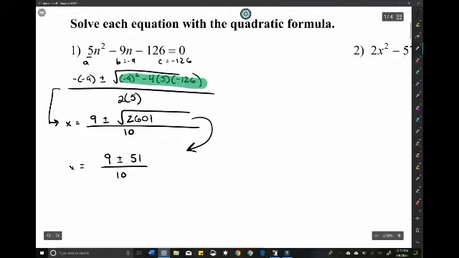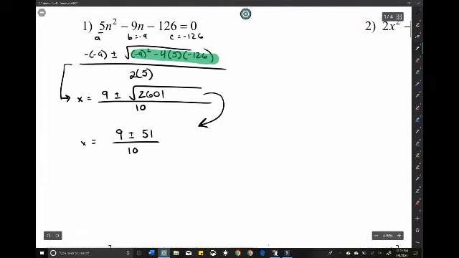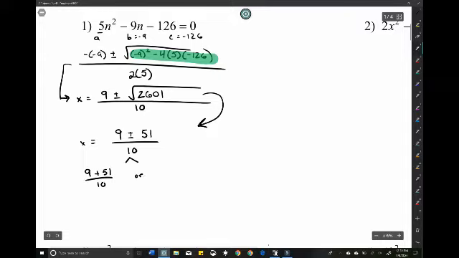Similar to when we completed the square, that means we have two different solutions here. We have the option of 9 plus 51 over 10, or 9 minus 51 over 10. You split into two problems, and that's only if it comes out to be a nice integer.